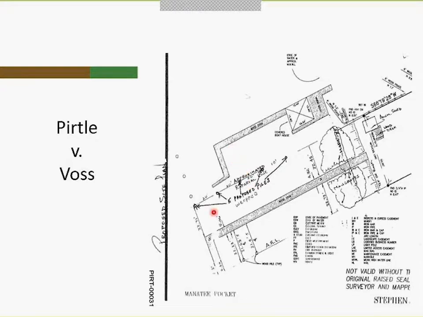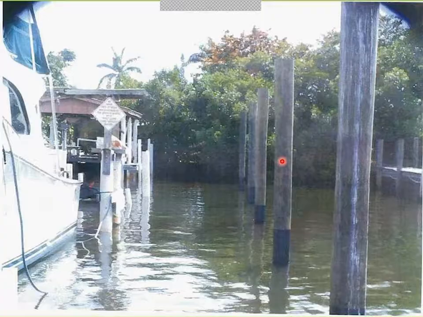As a result, Voss submits an application to verify an exemption to place 1, 2, 3, 4, 5 mooring pilings spaced 20 feet apart, approximately 24 feet off of his dock, directly on the riparian line. Mr. Pirtle comes home and finds that.